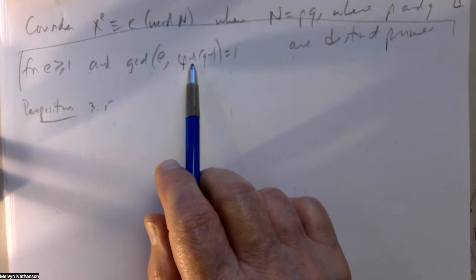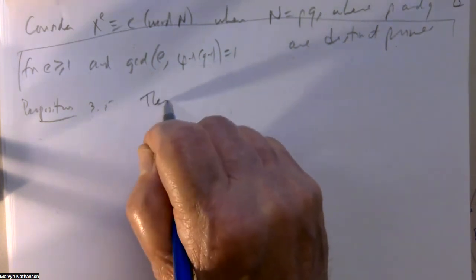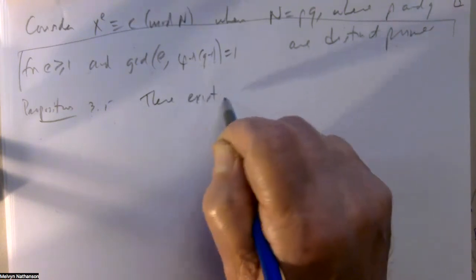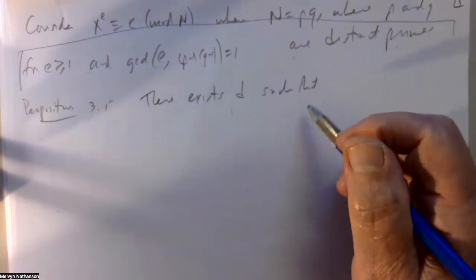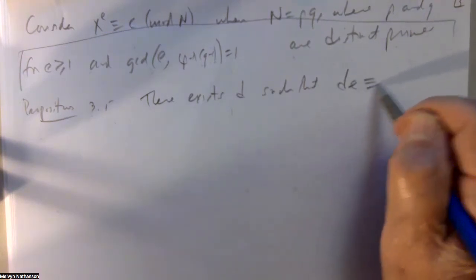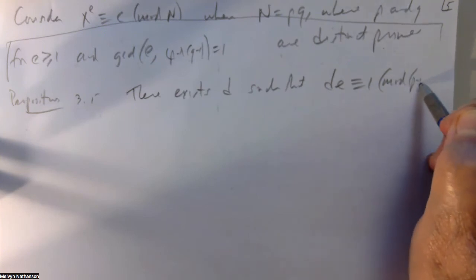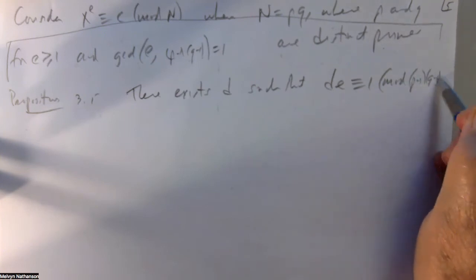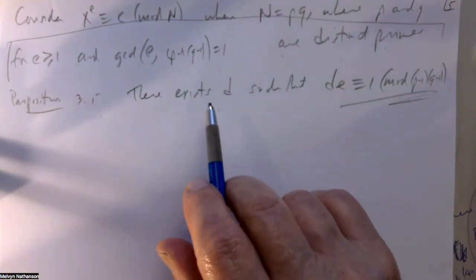If E is relatively prime to P minus 1 times Q minus 1, there exists an integer D such that D times E is congruent to 1 mod the product of P minus 1 times Q minus 1. So we know there's such a D.